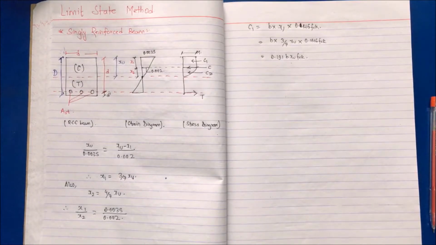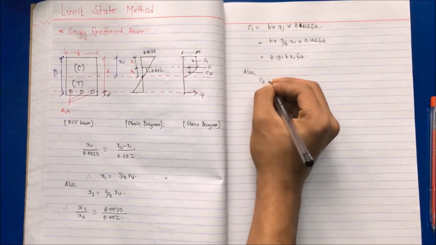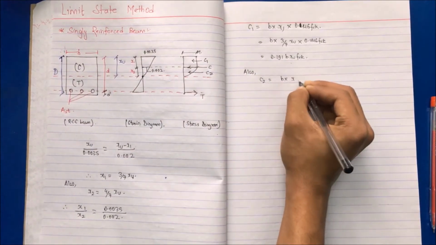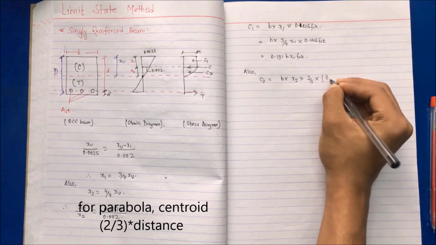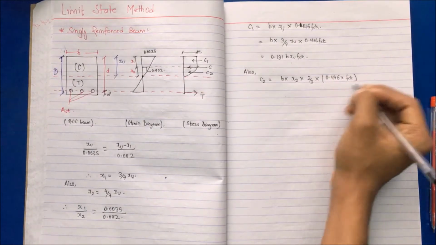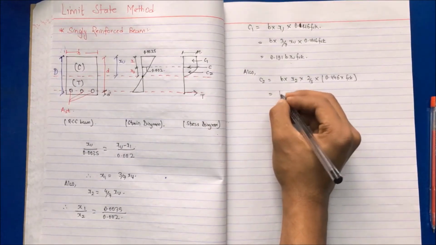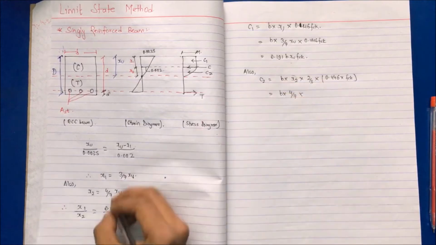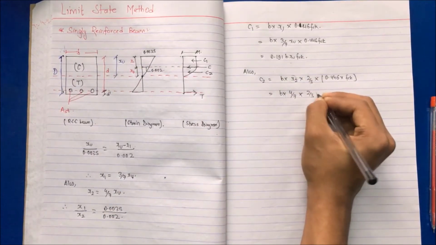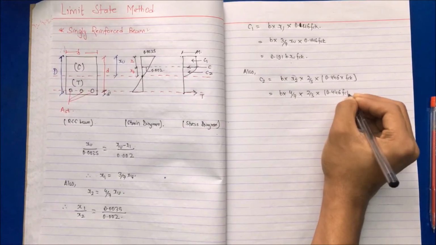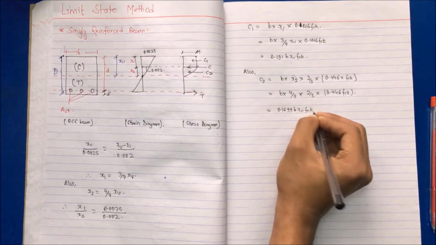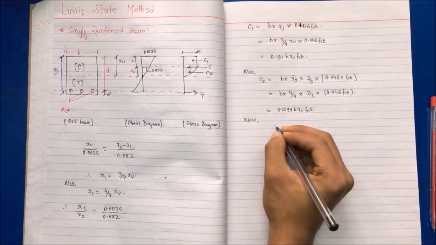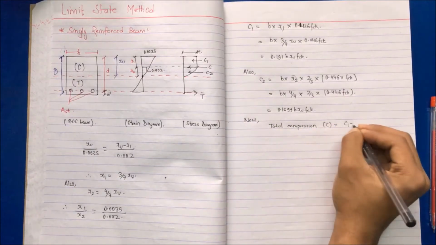Similarly, for the other compressive force C2, as the profile is parabolic, C2 is equal to 2 by 3, basically the centroid distance, into 0.447 FCK B into 4 by 7 xu, so we get 0.246 FCK B xu. The total compressive force is equal to C1 plus C2.